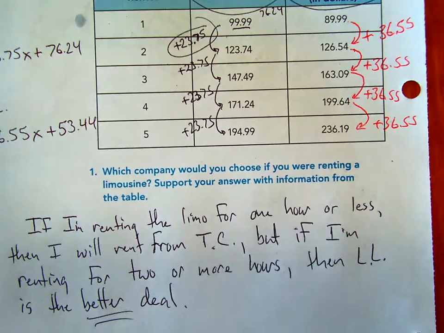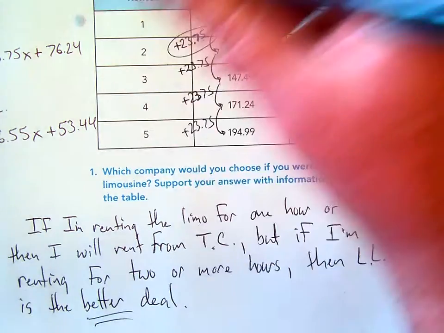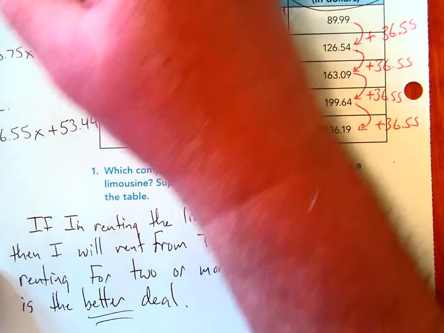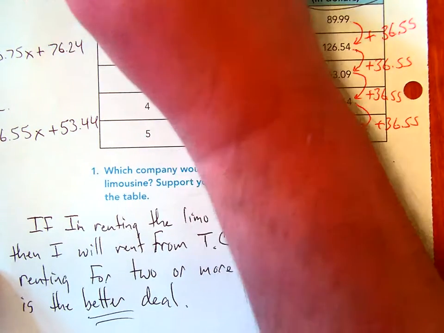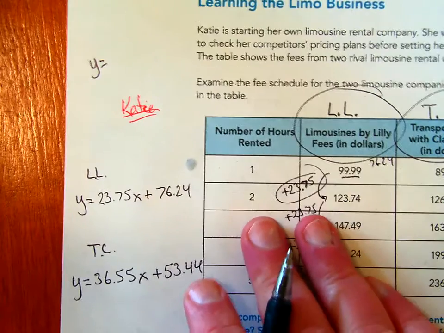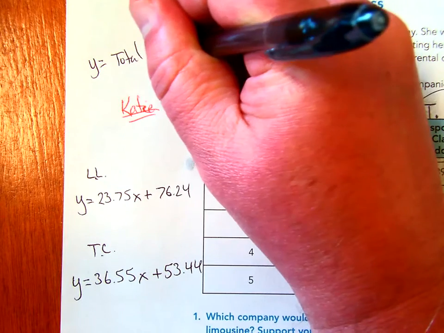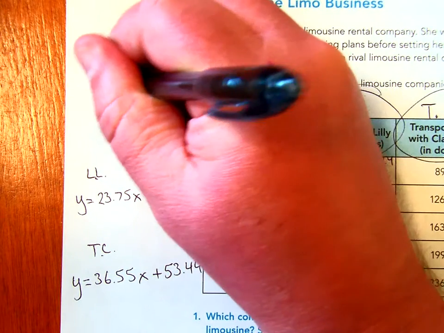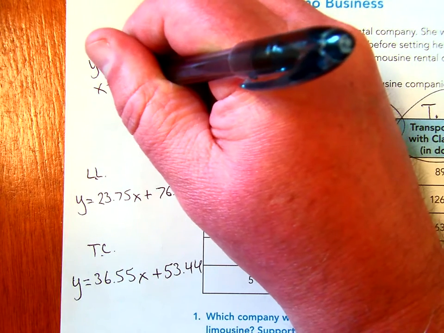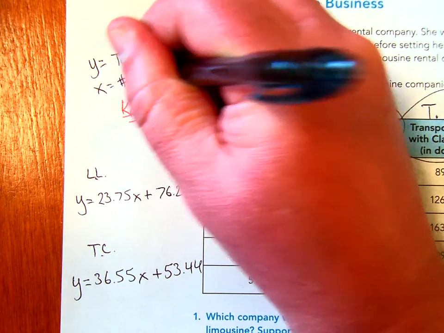And in our equation, y is total cost, or total fee or charge, and x is number of hours of rental.